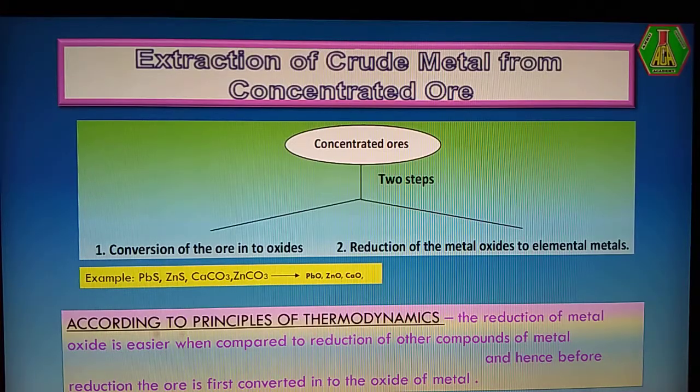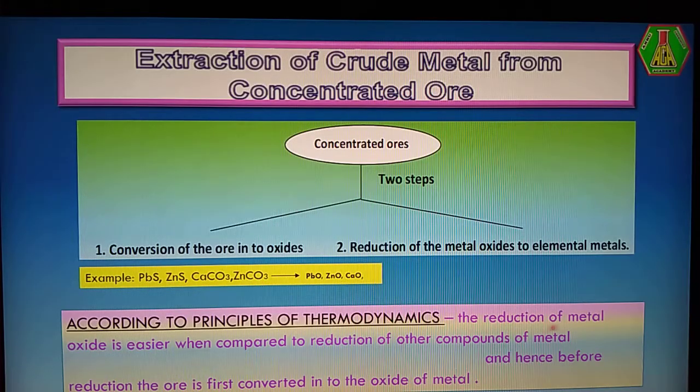Here, according to the thermodynamic principle, any type of metallic ore is not easily involved in a reduction process to get a crude metal.